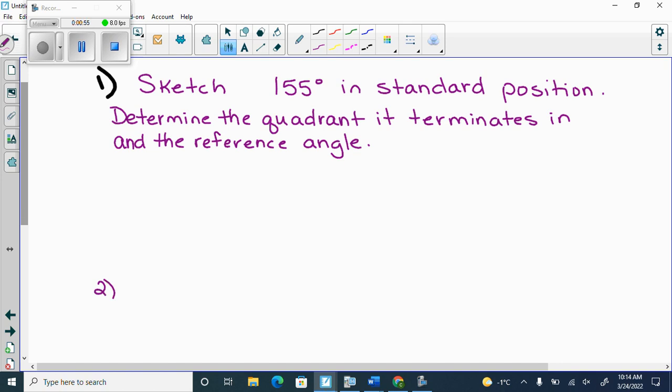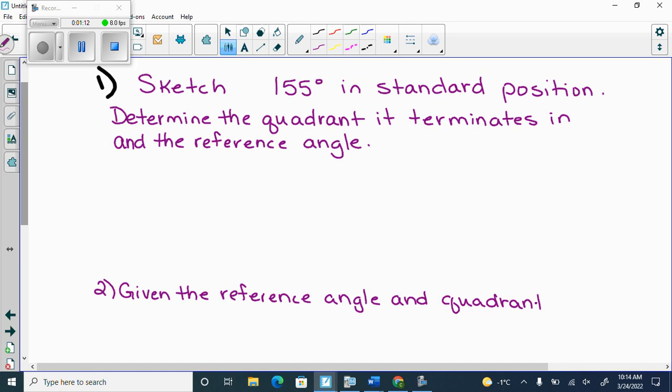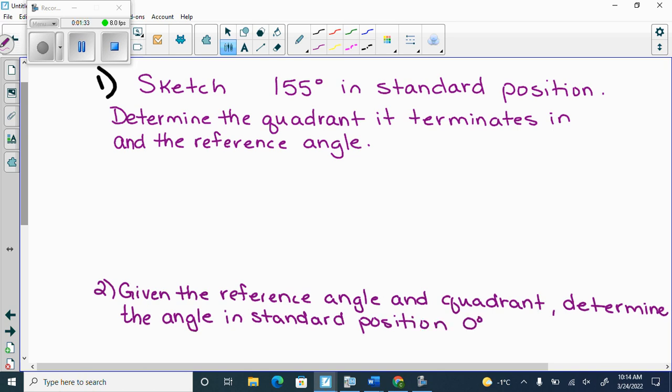Number two, given the reference angle and quadrant, determine the angle in standard position, from 0 degrees to 360 degrees.